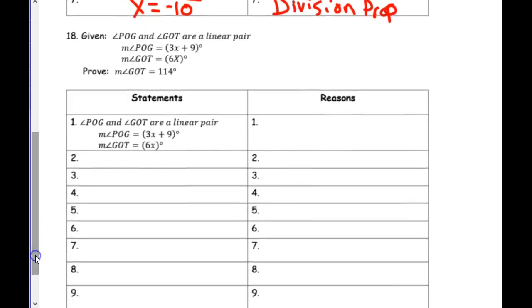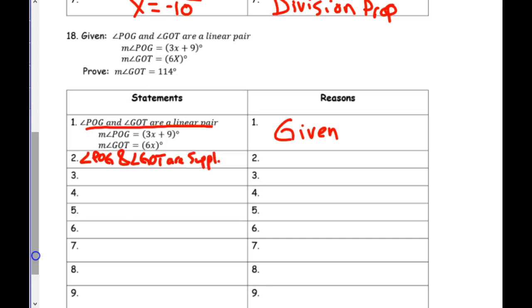Last one. POG and GOT are a linear pair. That's a given, of course. Okay, POG and GOT are a linear pair. That means POG and GOT are supplementary.